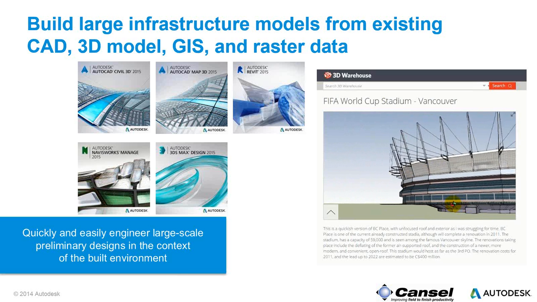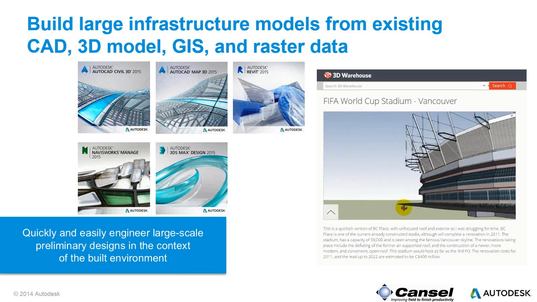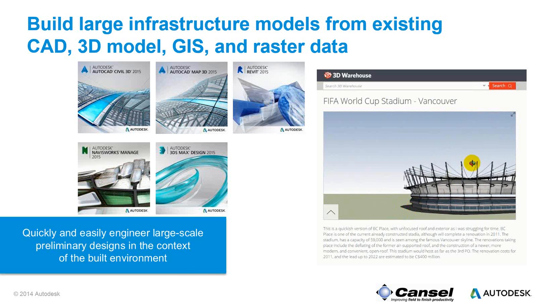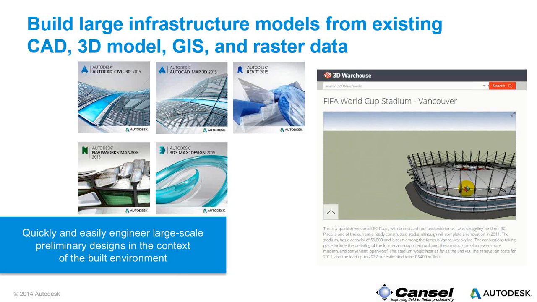There is an enormous amount of data and tons of models available on the 3D Warehouse. So you can download a SketchUp model, convert it to an FBX file, and insert it directly into Infraworks. So if you're looking for models of buildings in your town, Trimble 3D Warehouse is the place to go.